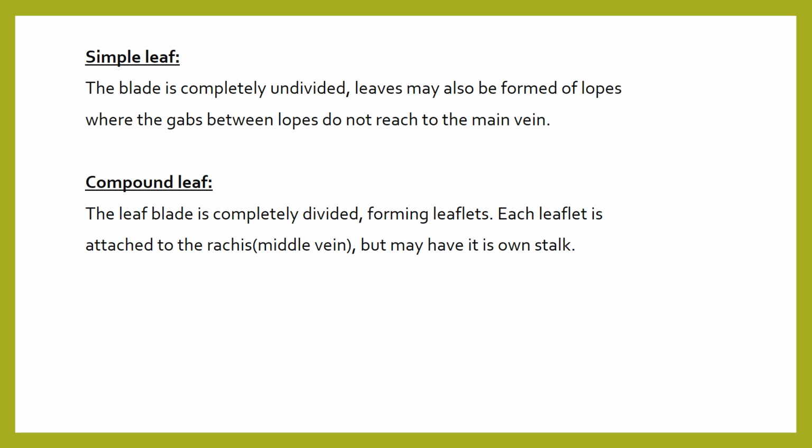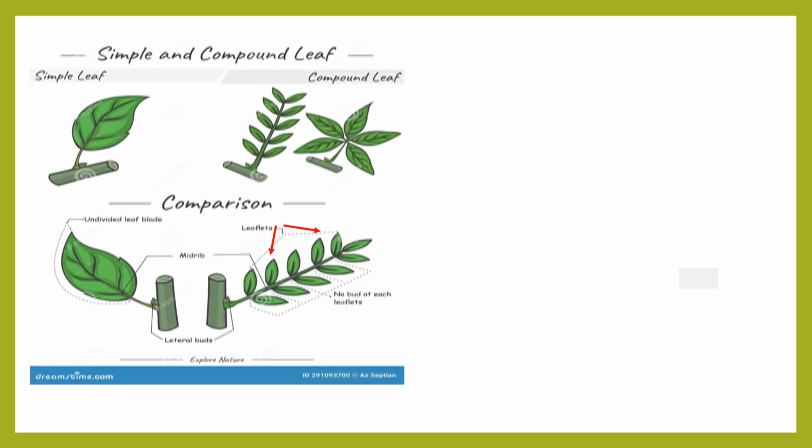While in a compound leaf, the leaf blade is completely divided, forming leaflets. Each leaflet is attached to the rachis or middle vein, but may sometimes have its own stalk, like this.